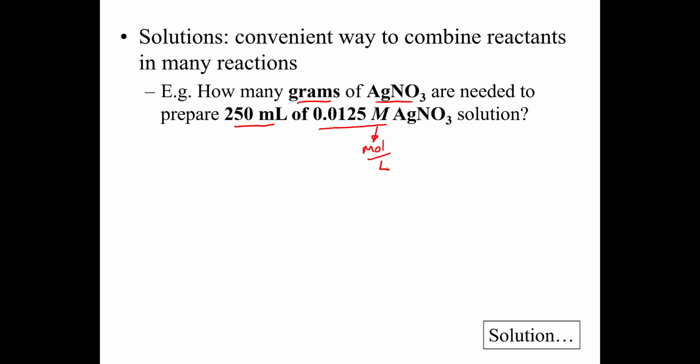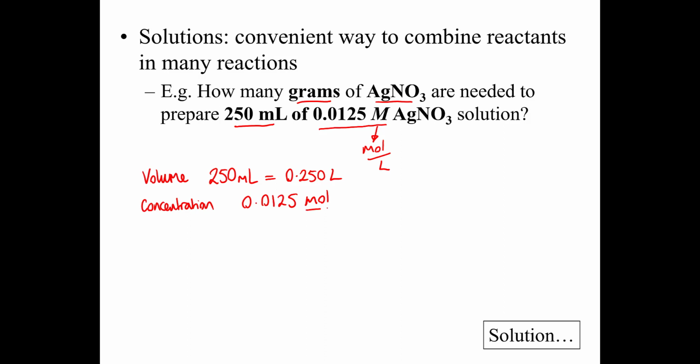So how do we calculate the solution? We're looking for grams, but what do we have initially? Well, we've got a volume. The volume that we need to obtain is 250 milliliters, which is equivalent to 0.250 liters. We're also told the concentration that we need, 0.0125 molar.